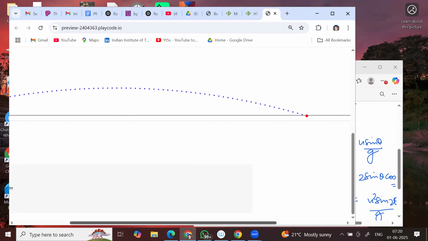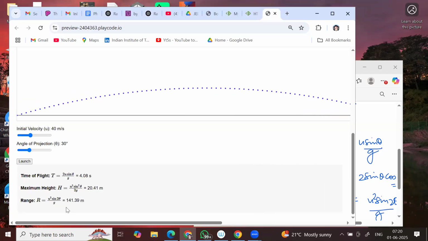Yeah. So let's see the three parameters that we derive here. Range, 141.39 meters. Height, u square sine square theta upon 2g equals 20.41 meters. Time of flight, 2u sine theta upon g equals 4.08 seconds. I encourage you to calculate these with the values given.